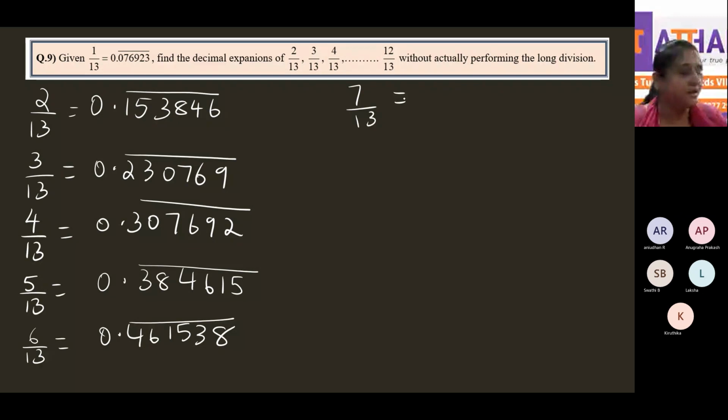Who's finished 7 by 13 here in the class? Okay, Sahana. 538? No. Bhavishya? 0.538461. Correct. Who's finished 8 by 13 here?